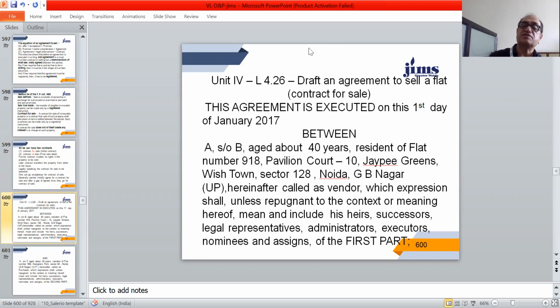So this agreement is executed on this first day of January 2017 between A, son of B, aged about 40 years, resident of flat number 918, Pavilion Code 10, JP Greens, Wish Town, Sector 128, Noida, Gautam Buddha Nagar, UP, hereinafter called as the vendor, which expression shall, unless repugnant to the context or meaning thereof, mean and include his heirs, successors, legal representatives, administrators, executors, nominees, and assigns of the first part. So A, son of B is our first party.